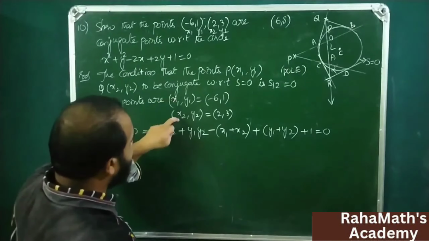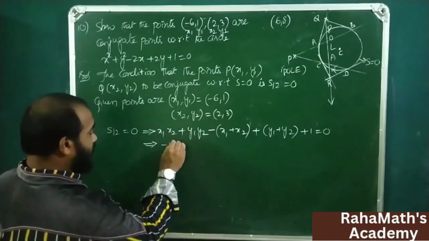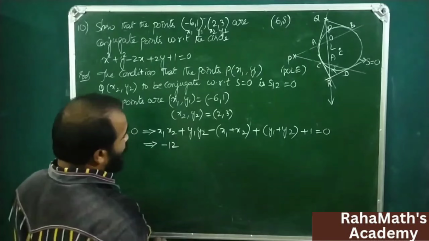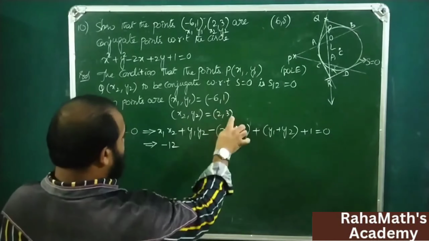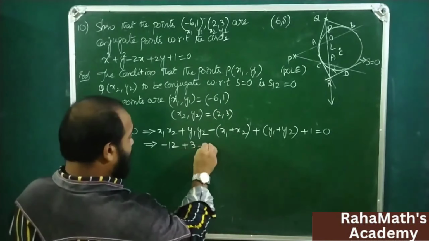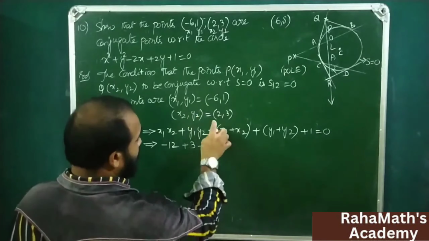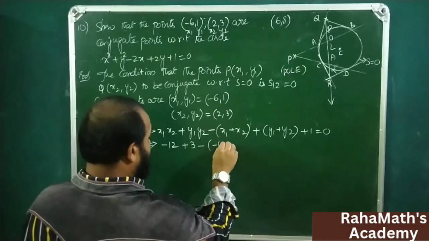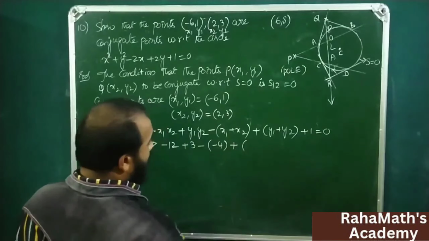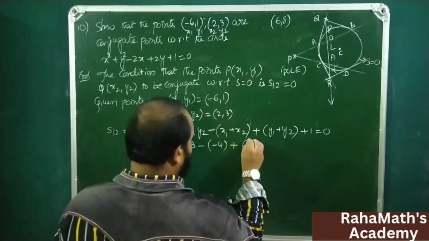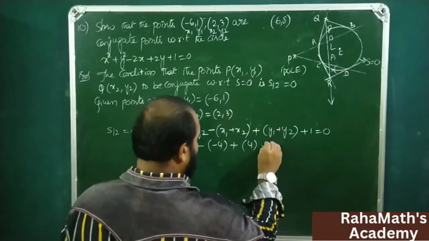Substitute x1, x2: minus 6 twos are minus 12, y1, y2: 1 into 3 is 3; minus x1 plus x2 minus 6 plus 2 minus 6 plus 2 minus 4 plus y1 plus y2, 1 plus 3 is 4, plus 1.